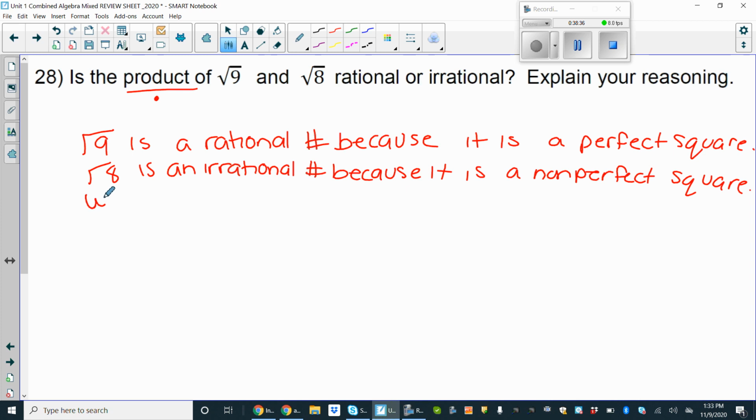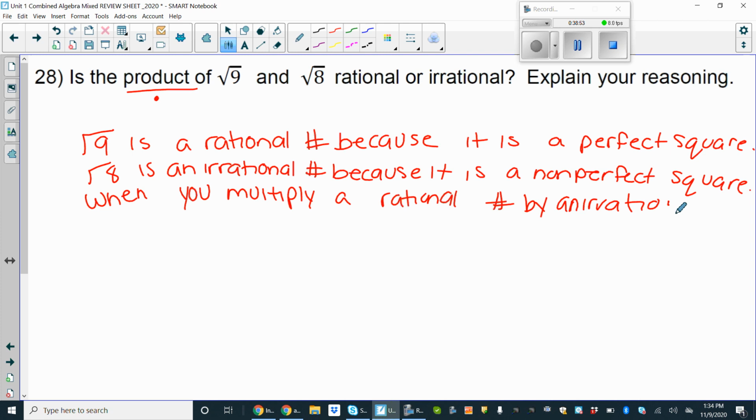When you multiply a rational number by an irrational number, the product will be irrational.